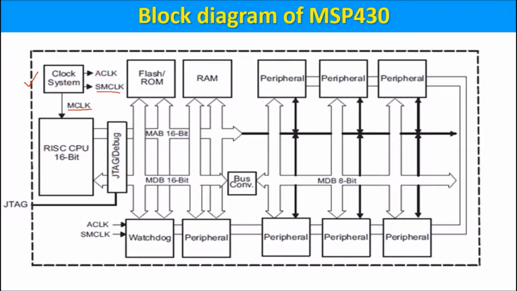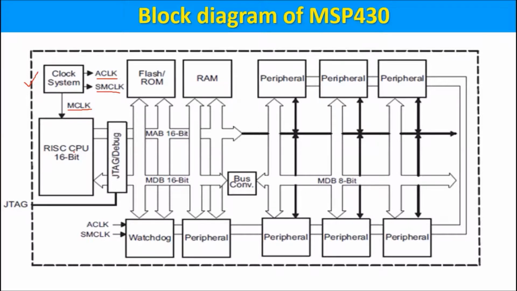The third clock signal is ACLK, that is auxiliary clock signal, and this clock is the lowest of these three clock signals. This auxiliary clock is used for the slower peripheral devices. So clock system generates these three clock signals. Master clock is the highest clock, SMCLK, submaster clock, is the middle clock, and auxiliary clock is the lowest clock frequency.